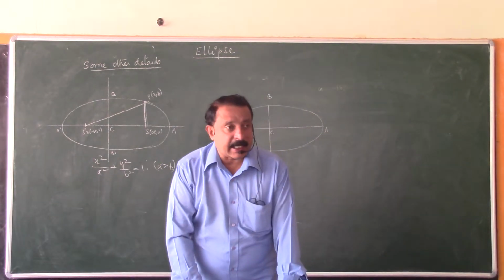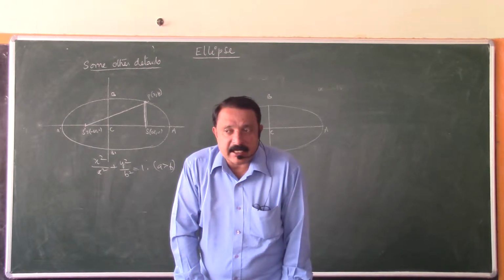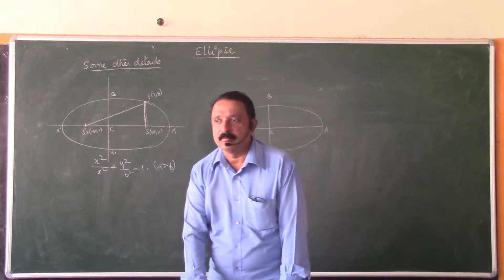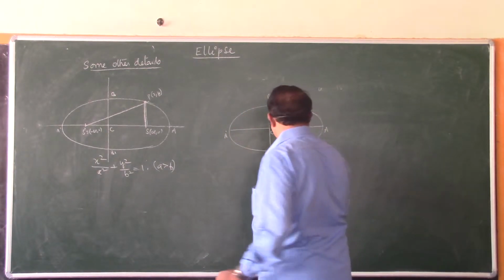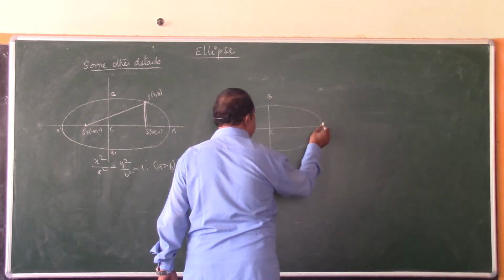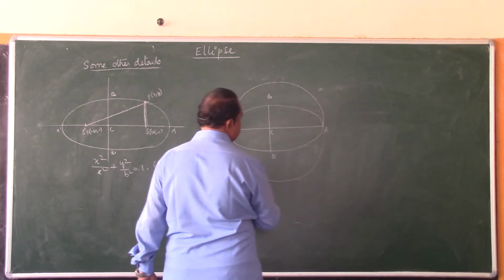Now I will describe a circle taking AA dash as the diameter. So draw a circle with AA dash as the diameter.